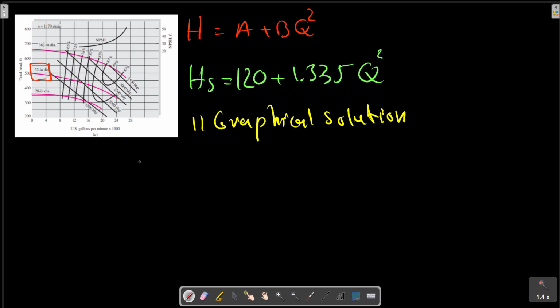Graphical solution: we have two diagrams.